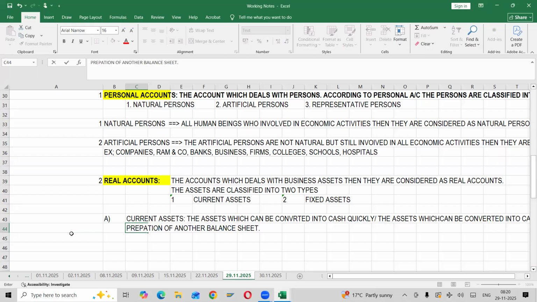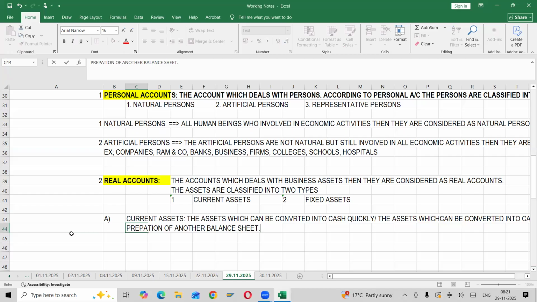Understood? Normally, any business will prepare a balance sheet every year end. My financial year, nothing but my accounting year, in India we follow April to March. So last March I prepared my balance sheet, and next year March I am going to prepare another balance sheet.